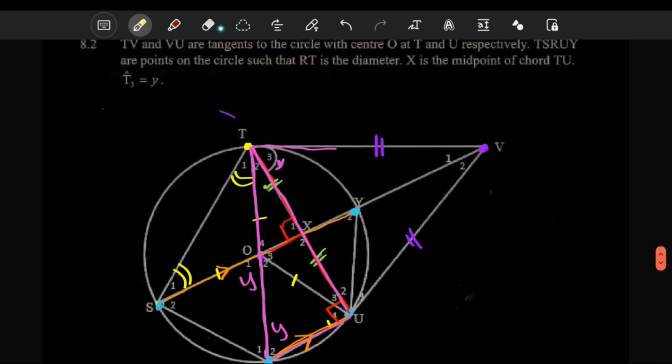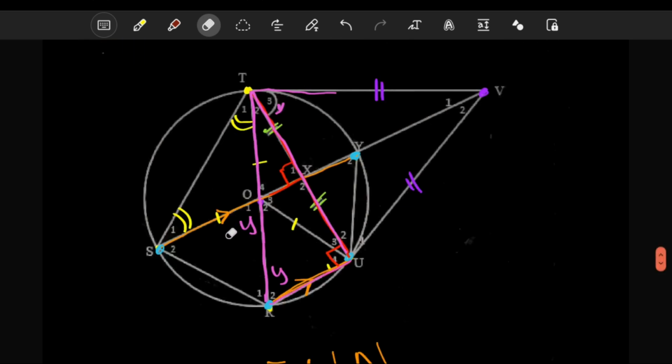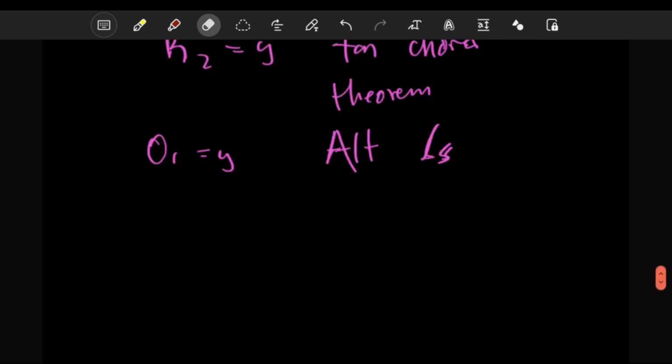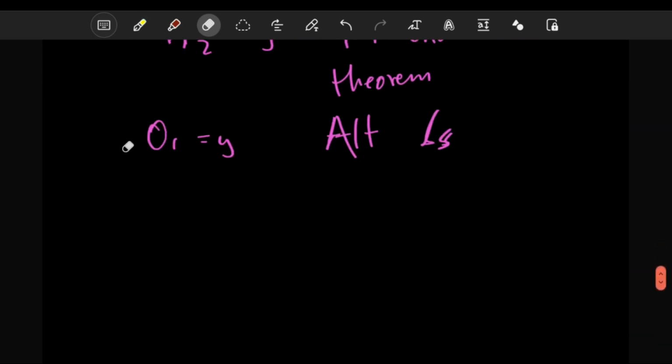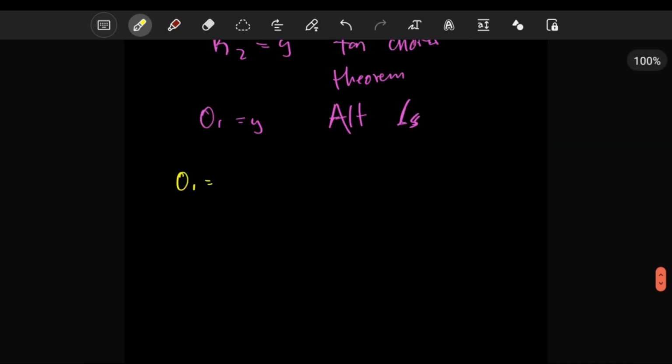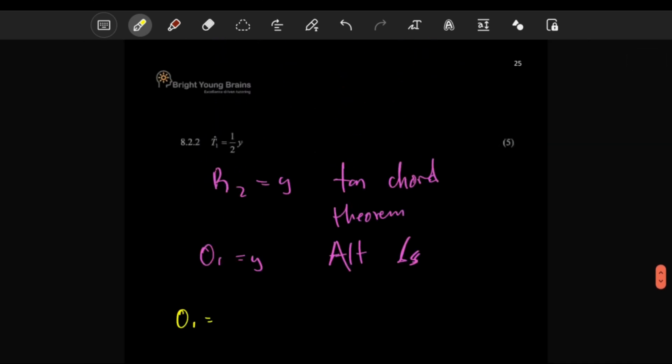What you got next? Yeah, so now we can say, therefore, we know that O1 is equal to these two put together. We know that O1, where is it now? Oops. O1 is equal to, no, where am I?